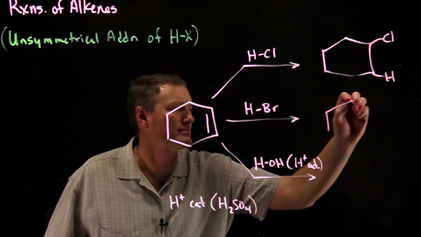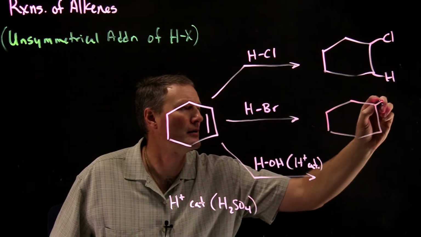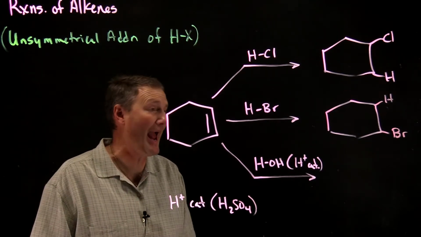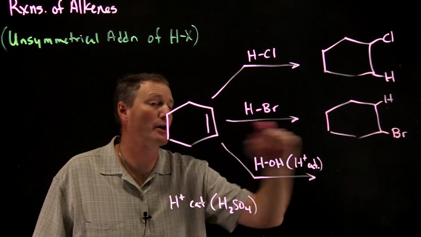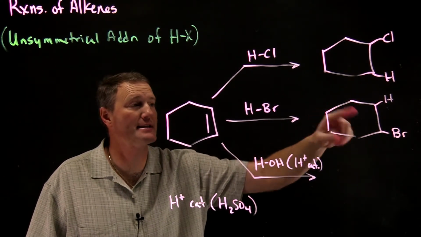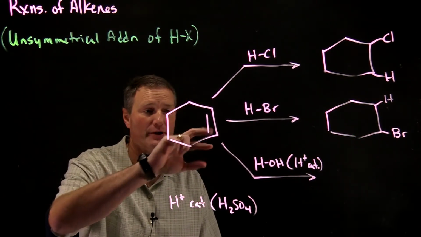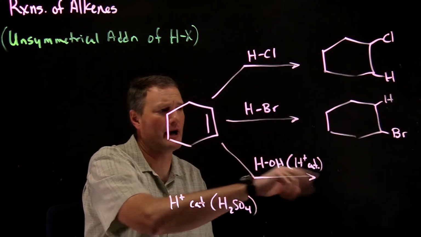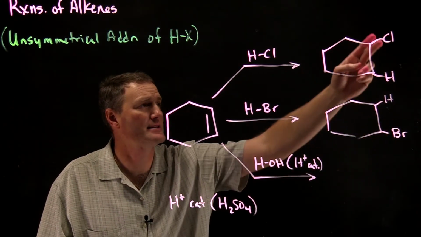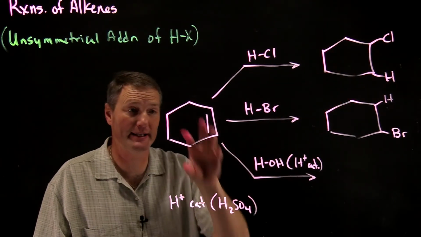Okay, likewise, HBr would look like that. Now notice I added the bromine to this lower carbon and the hydrogen over here. I could have flipped it either way. Because this is a symmetric starting material, it would be the same compound. I would get one bromocyclohexane whether I added it here or here. Same thing with the chlorine. Doesn't really matter in this case.